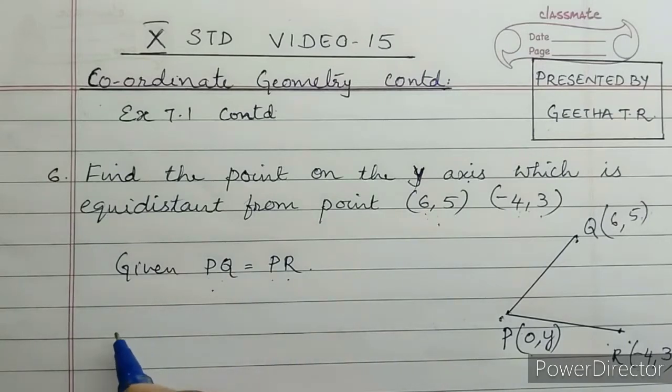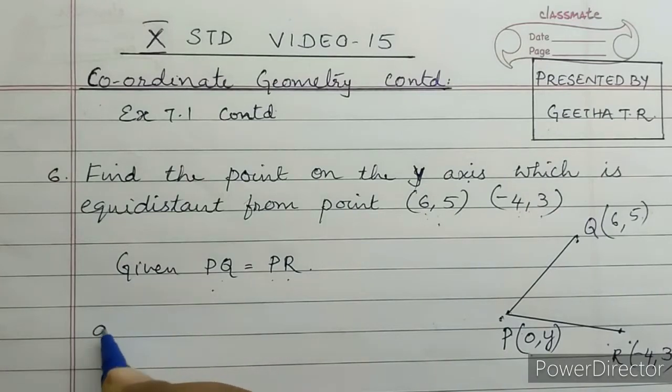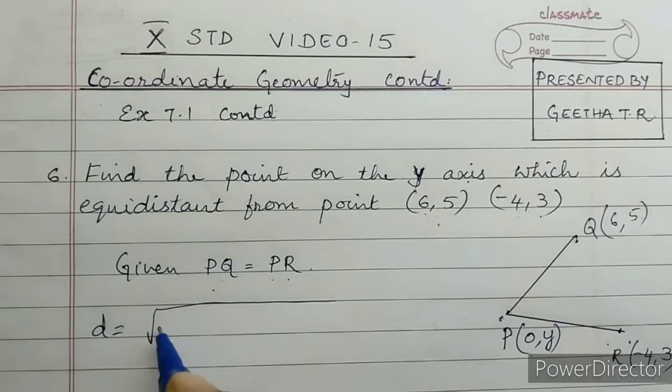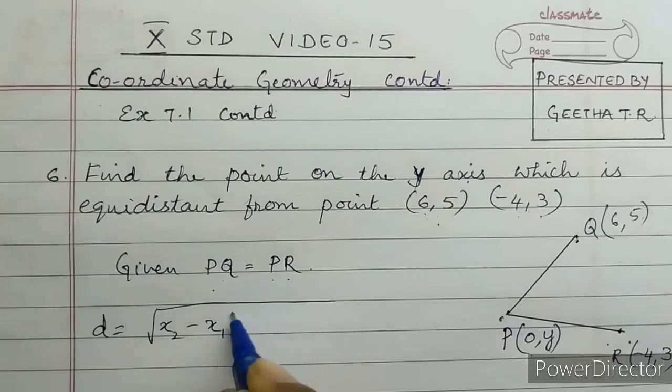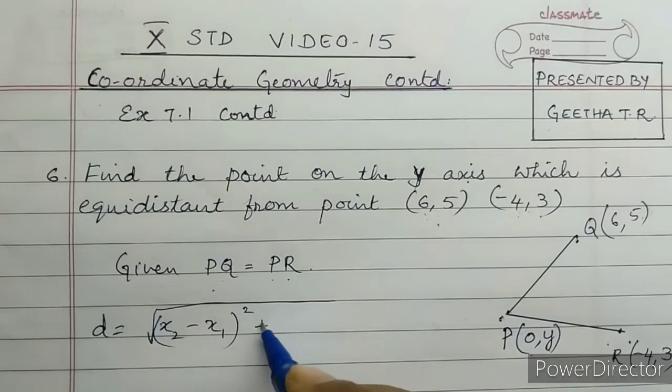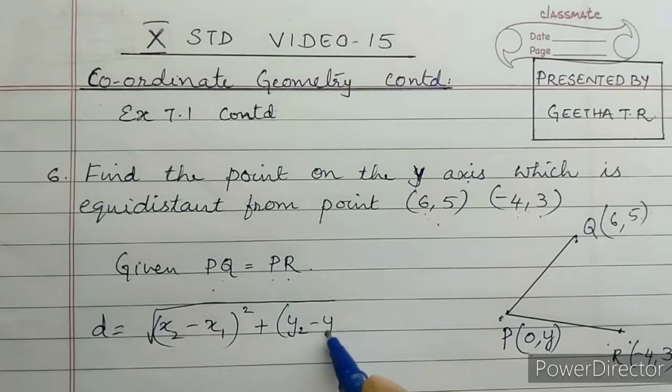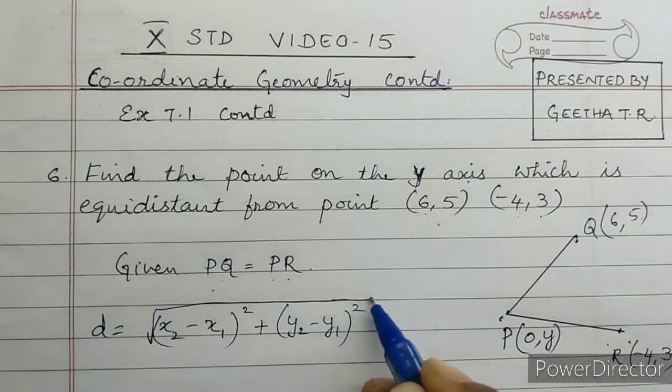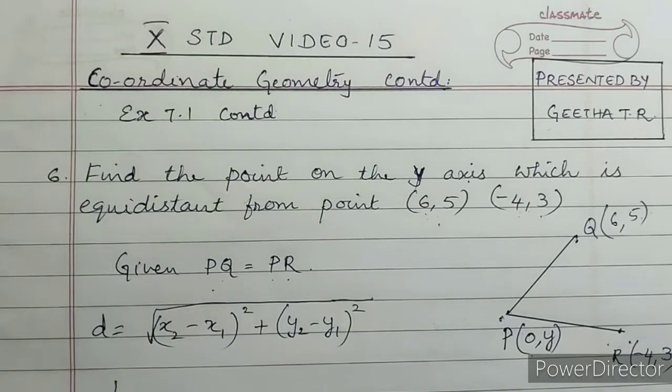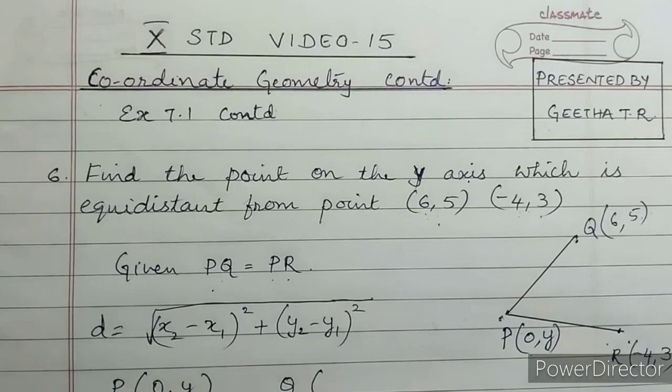The distance formula you always have to write first, that is D is equal to square root of (x2 minus x1) the whole square plus (y2 minus y1) the whole square. The square root symbol you have to extend completely till here. So here, P (0, y) and Q (6, 5).